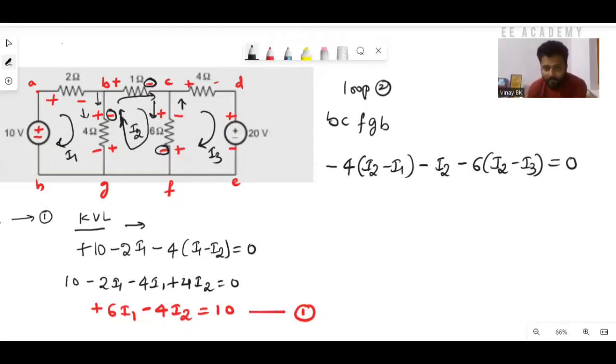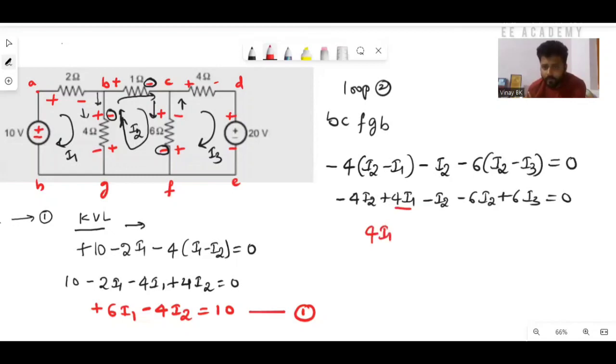You just simplify and you'll get the expression again. So I will simplify here: minus 4I2 plus 4I1 minus I2 minus 6I2 minus into minus plus 6I3 equals to 0. Then I'll get one more expression: I1 is only one term, 4I1.